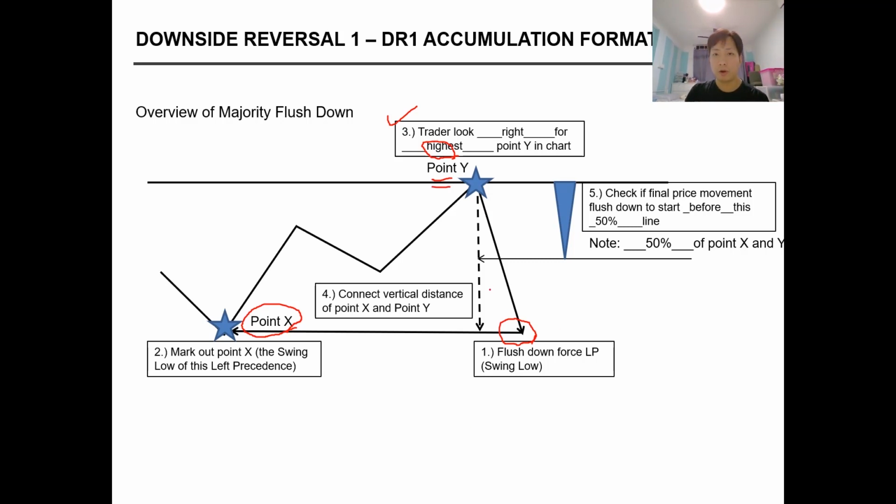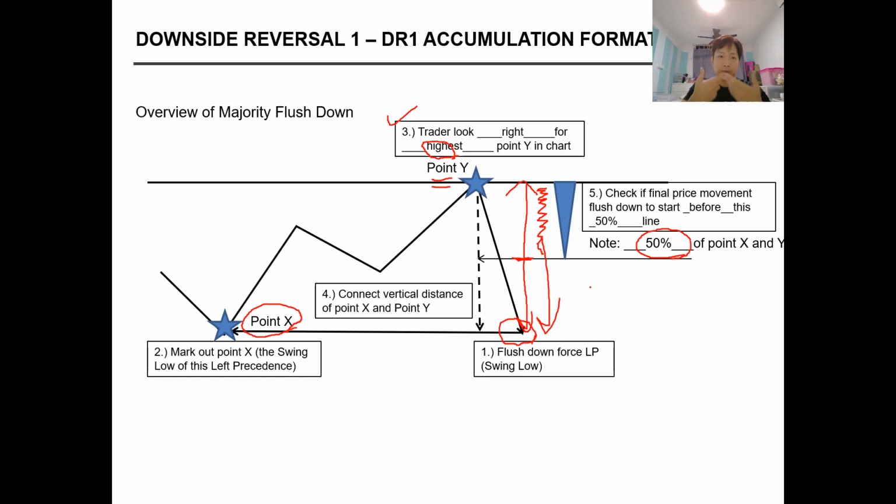Again, you imagine there's a vertical distance between X and Y. Okay, there's a vertical distance between X and Y. Then there's a 50%. Imagine the 50% mark in between. You want the start of the flush down, right, to start anywhere before the 50% line.